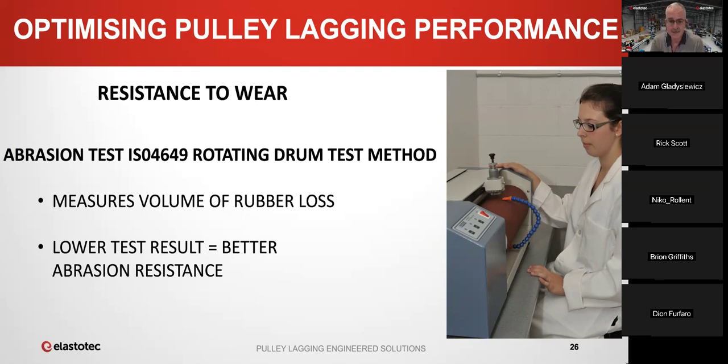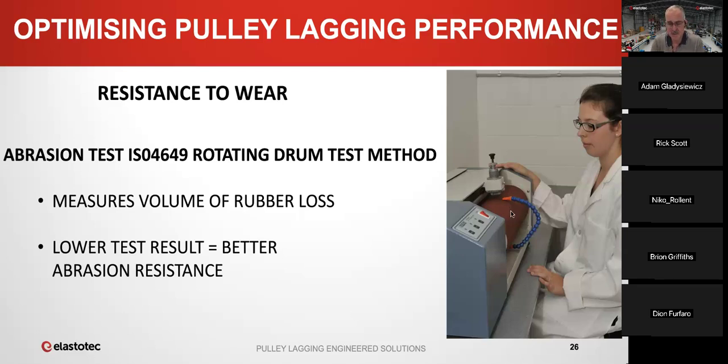They're all very similar. Basically, the test machine has this drum. A small sample of the material that's being tested is put in this holder. It's weighed before it's put in. It's then lowered down with a fixed weight. This drum's covered in sandpaper, and the drum rotates, and this sample moves across the machine while the drum's rotating.